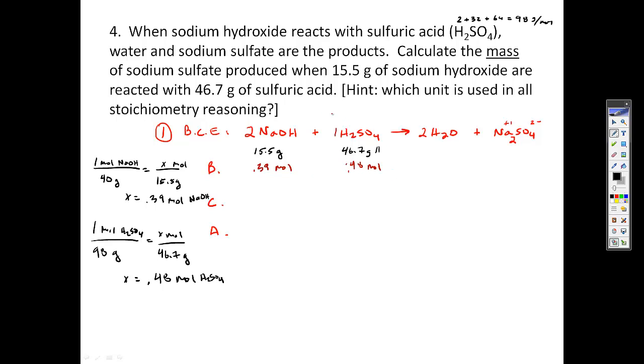Okay. Do I have that? Yes, I do. I've got 0.48 moles. Let me go through and show you that, just so you know what I'm talking about. I'm going to assume that I'm going to react 0.39 moles of sodium hydroxide.